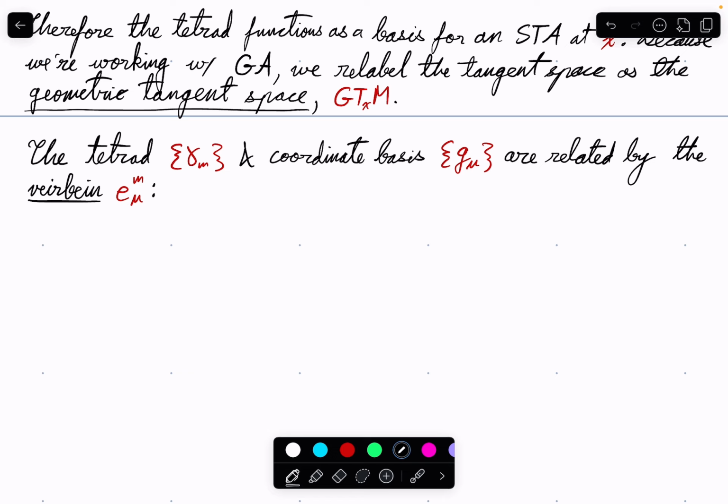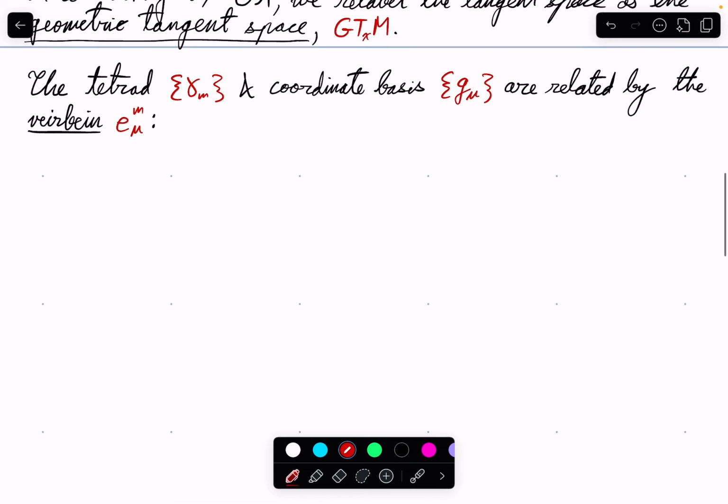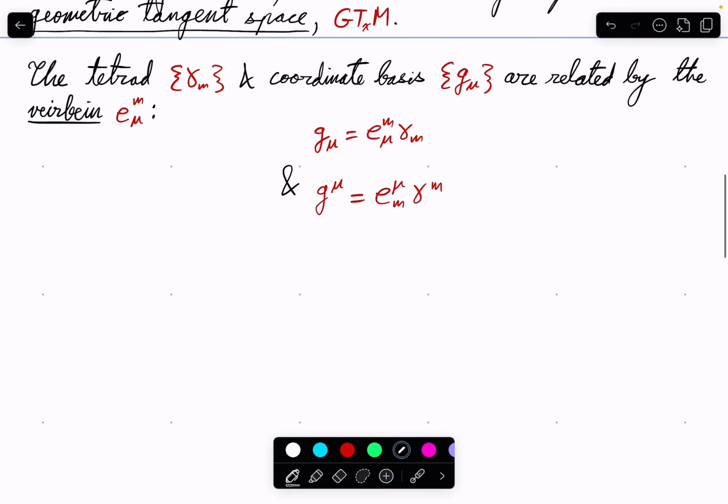And how exactly does this work? Well, we have the following. For g_mu, we have e^m_mu times gamma_m. Now for the reciprocal basis, we have g^mu equals e_m^mu times gamma^m, like this.